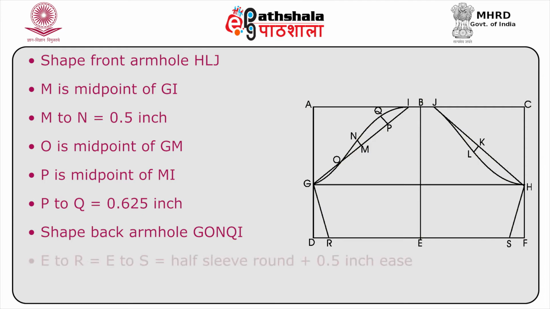Now shape the back armhole, that is GONQI. E to R is equal to E to S, that is half sleeve round plus 0.5 inches for ease. Now join GR and HS.